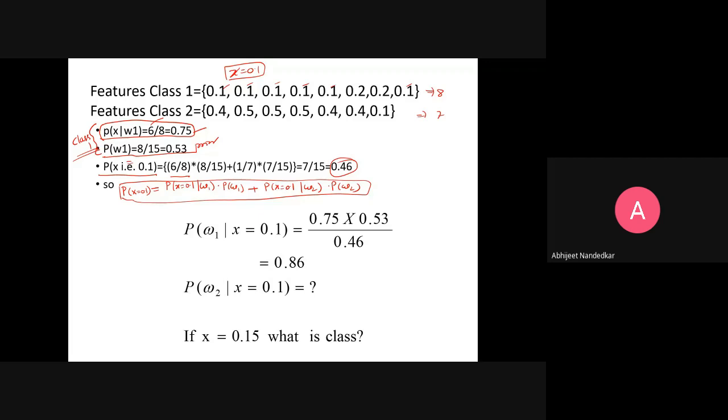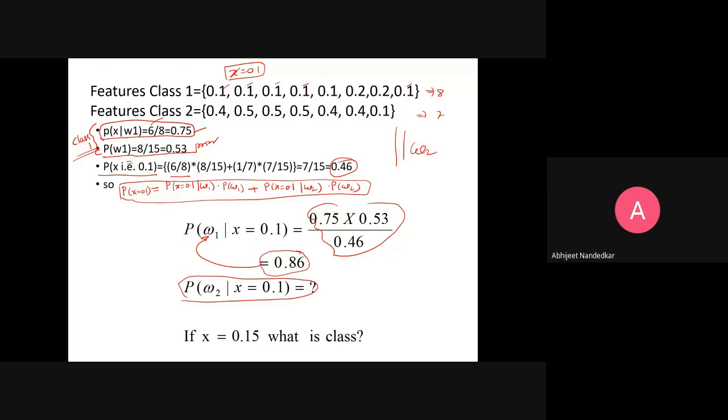So put into this equation all the information we have. So for x is equal to 0.1, we predict that it belongs to omega 1 to the extent of probability 0.86. Now, if you solve the same thing for omega 2, you will get the probability for omega 2.